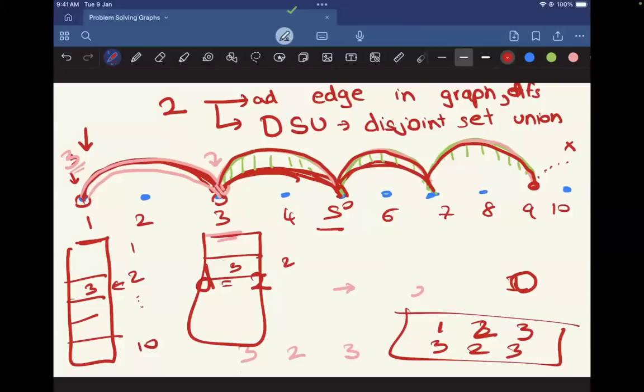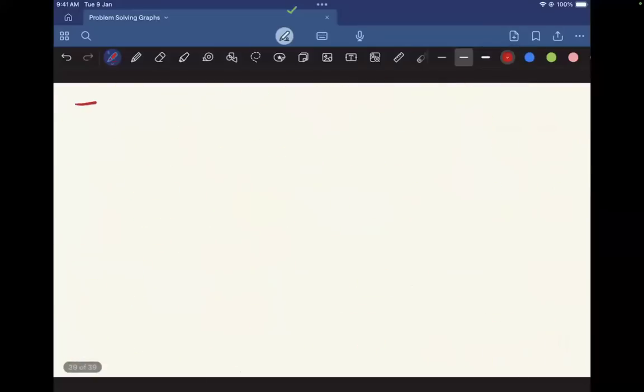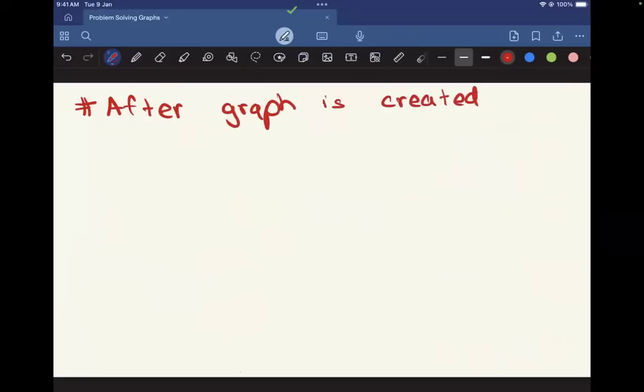All right. So if this much is clear, we just have to solve for all d. D is equal to 1, d is equal to 2, d is equal to 3, 4, 5, 6, 7, 8, 9, 10. Add these edges into your graph, and after the graph is created, we just need to find the number of connected components.